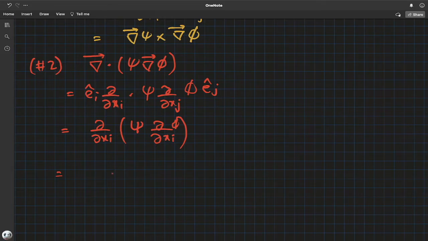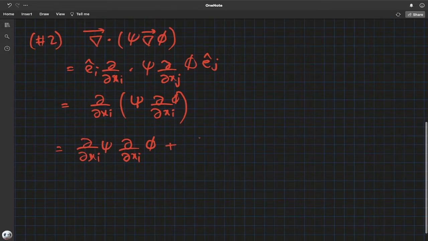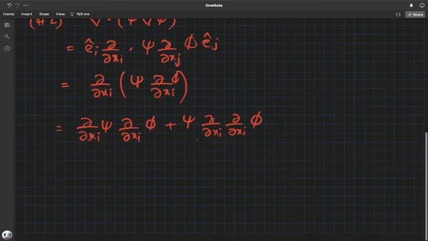So again, let's do a chain rule here, a product rule, my bad. Partial xi psi partial xi phi plus phi times partial over xi partial xi phi.